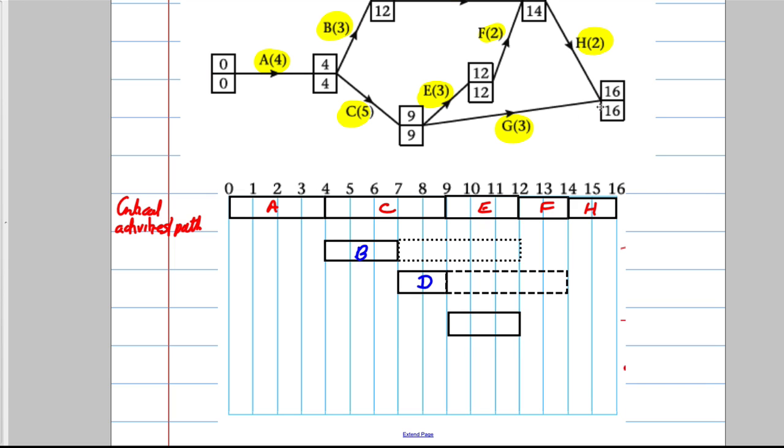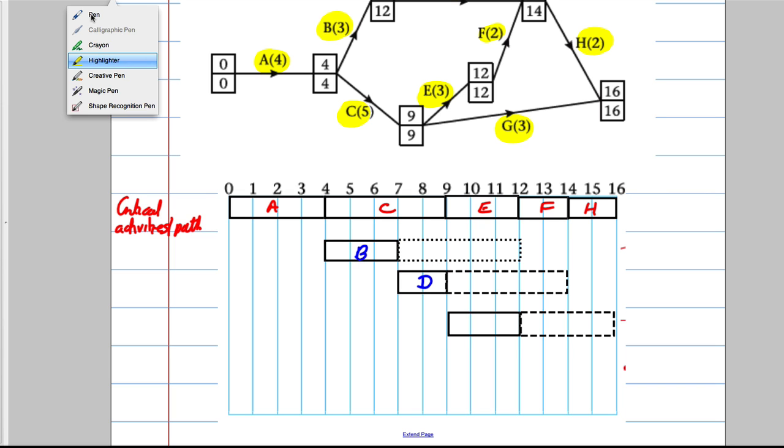And the float in this case is 16 take away 3, which is 13, take away 9, which is 4. So you've got a float of 4, which will bring you all the way up to 16, 1, 2, 3, 4, like that. And you make it with a dotted line as before. And so we're going to call that activity G.